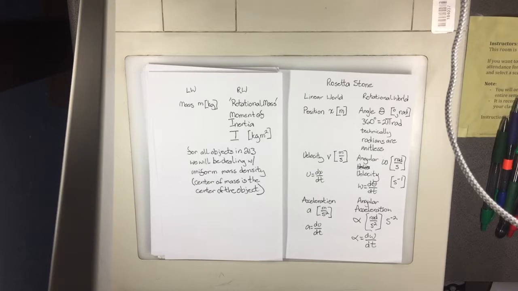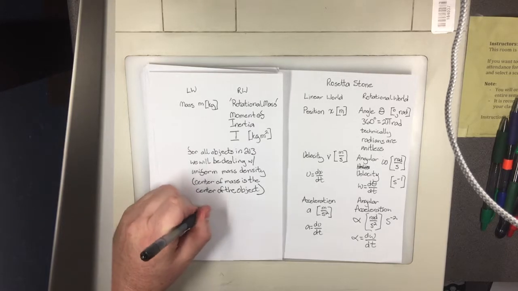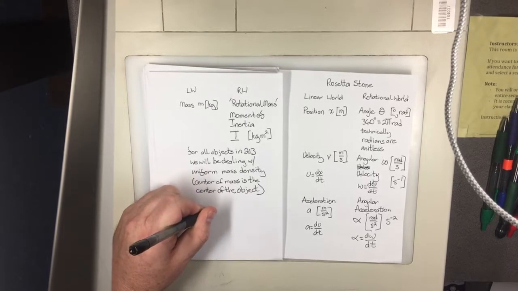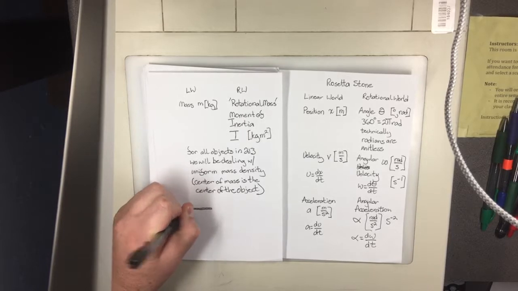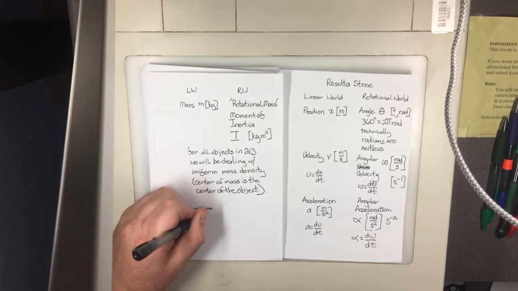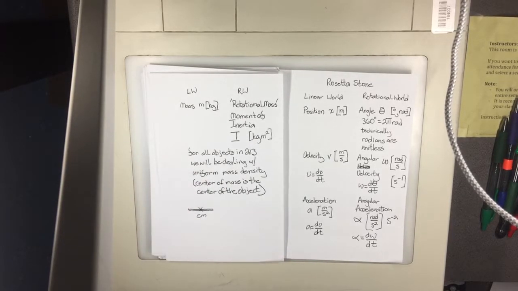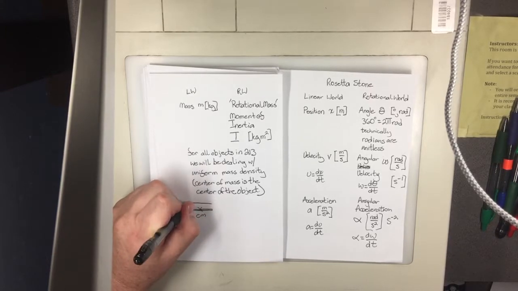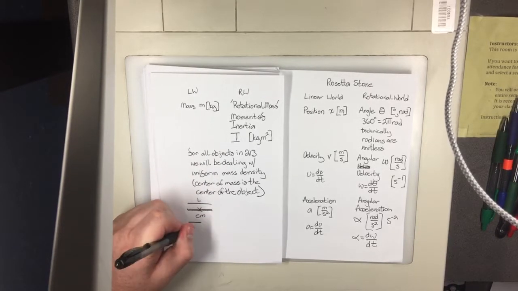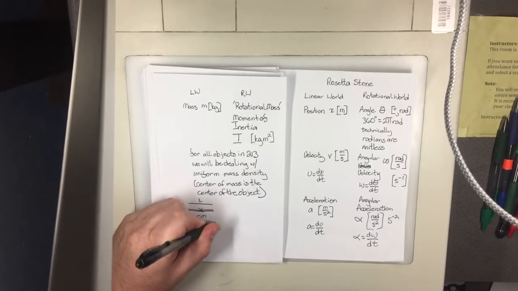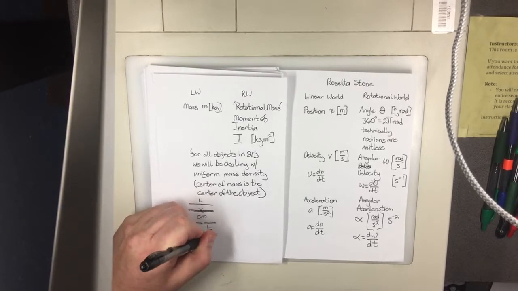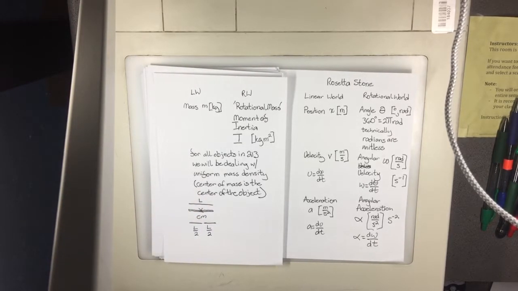All objects in 213 we will be dealing with uniform mass density. Center of mass is the center of the object. So if you have a 213 stick, the center of mass is the center of that stick, which means that if this is length L, then that length is L over 2, and that length is L over 2 as well. Simple.